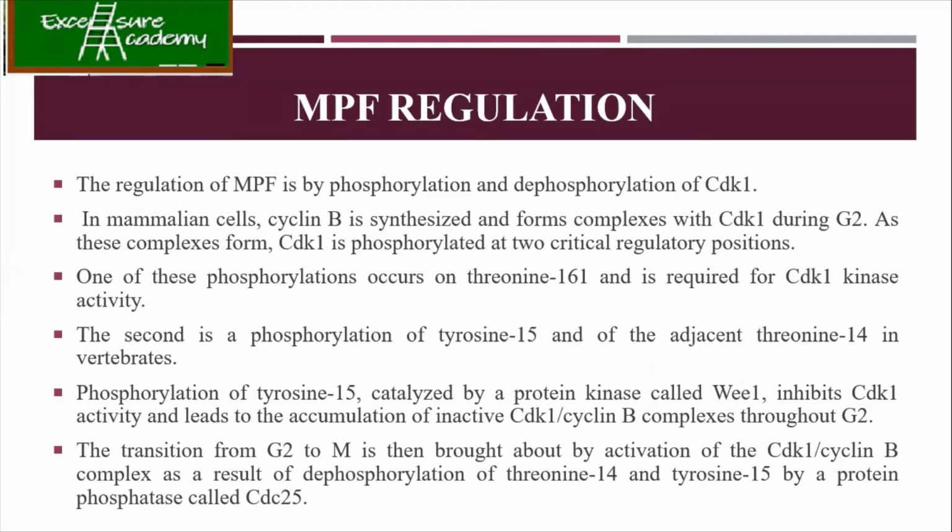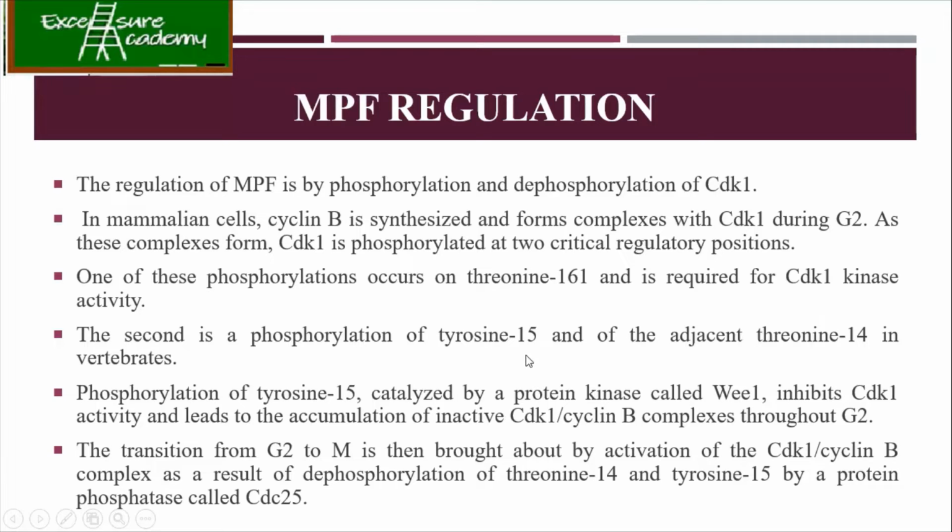In the case of mammals, cyclin B is synthesized and it forms a complex with CDK1, as we just saw, during the G2 phase. As these complexes are forming, CDK1 is phosphorylated at two critical regulatory positions. That is occurring at threonine 161, which is required for CDK1 activity.